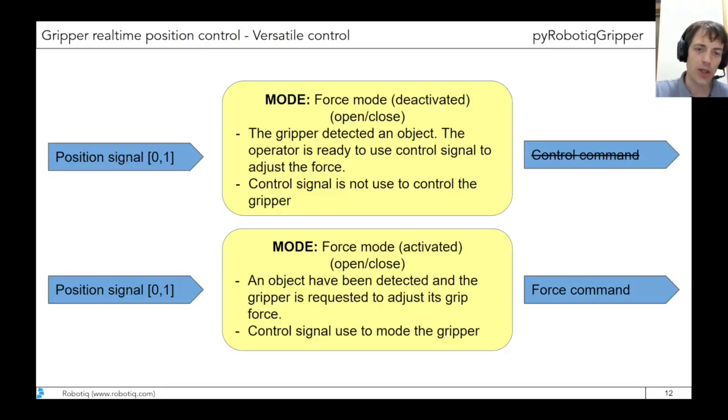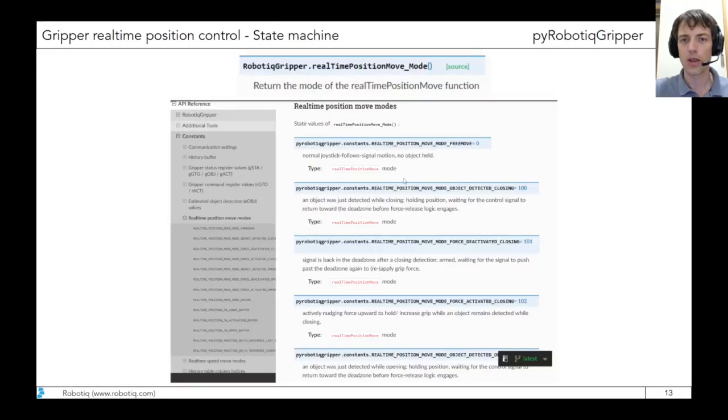Then the operator presses the joystick to set the force, and here we use the input signal, the joystick signal, to set the grip force. Each mode has an ID, and you can use the function realTimePositionMove mode to retrieve the mode that is currently used by the realtime function.